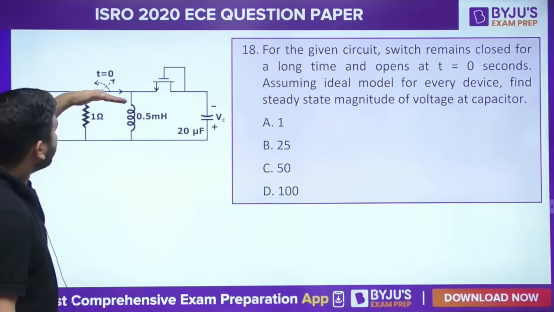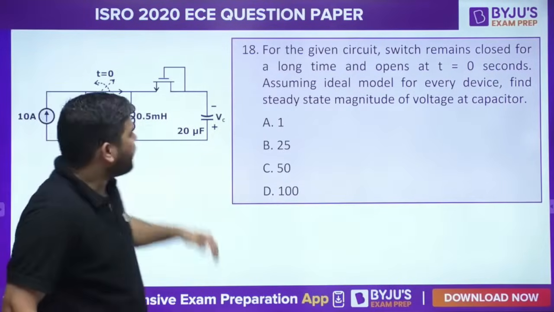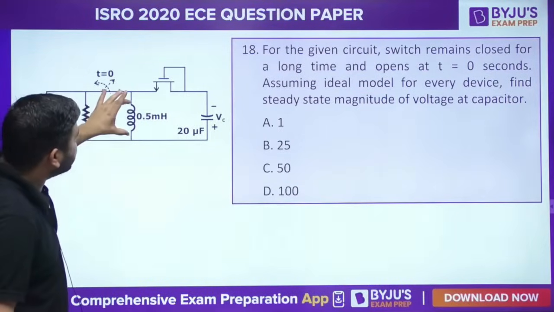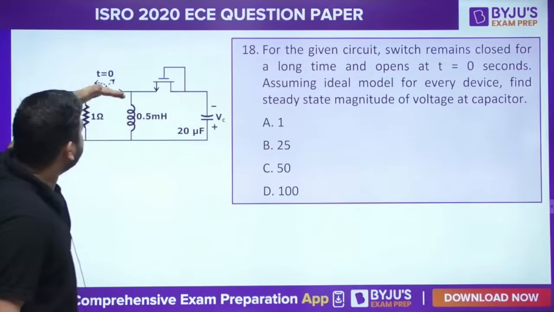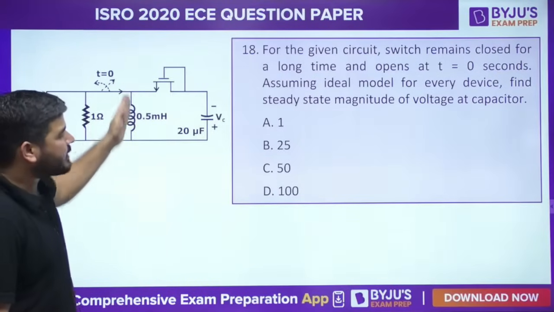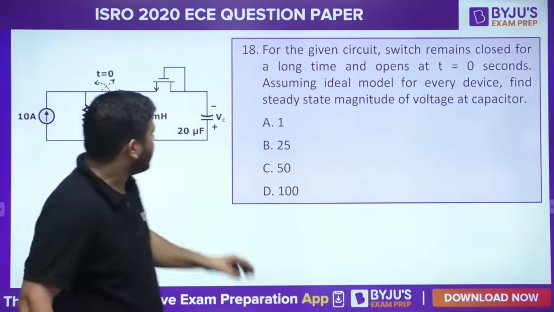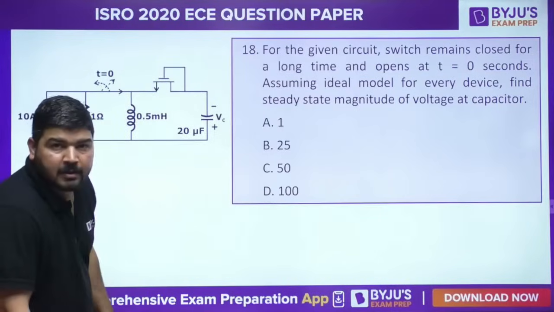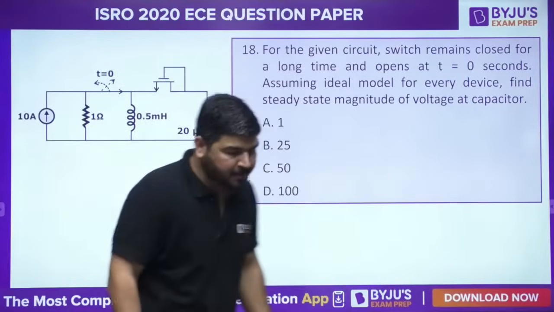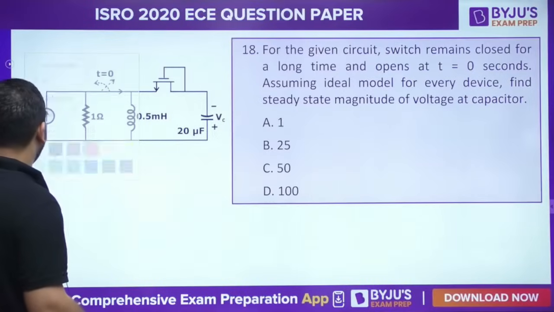Now if you are opening the switch, then you can see that there is one inductor and one capacitor in parallel. This inductor has some initial current I0 of 10 ampere, and the capacitor is connected in parallel. So now the circuit is very simple and you can solve for this circuit.